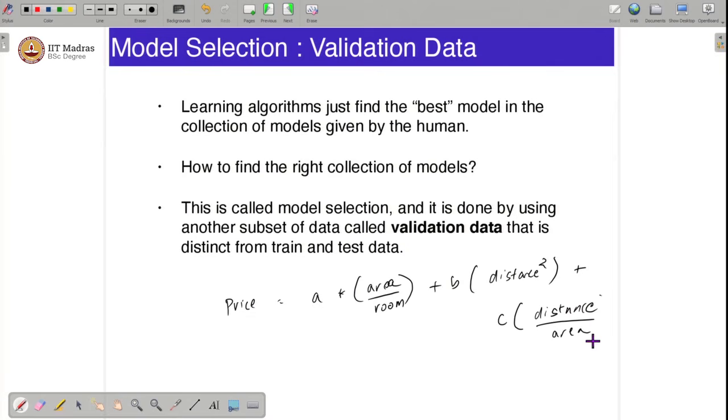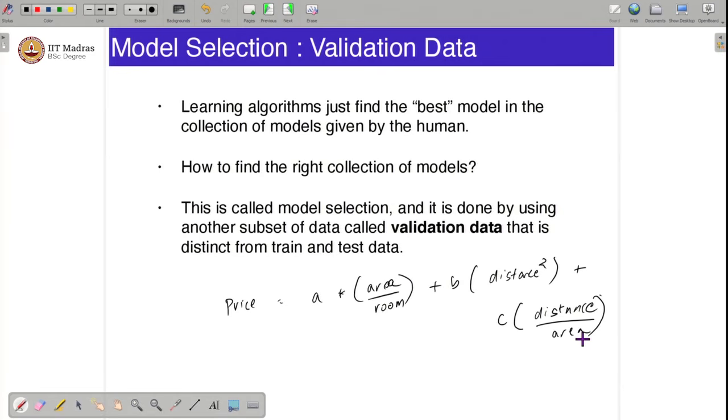So you could have something like this also. Why did we not do this, and instead did A times area plus B times rooms plus C times distance? In fact, there is no reason for us to not do this. This is also perfectly valid, you could argue.